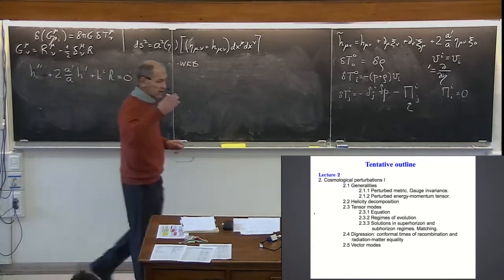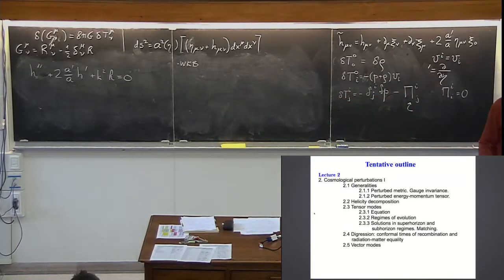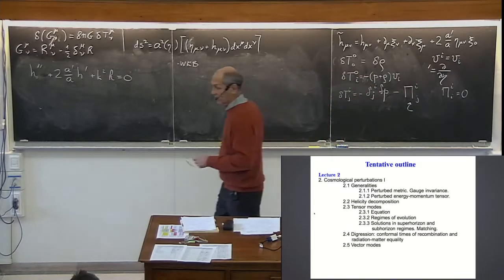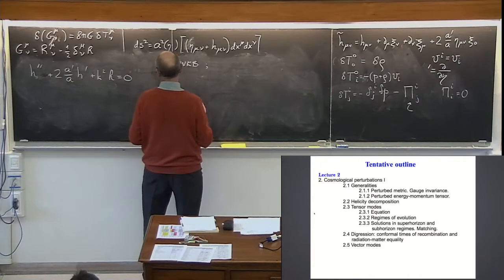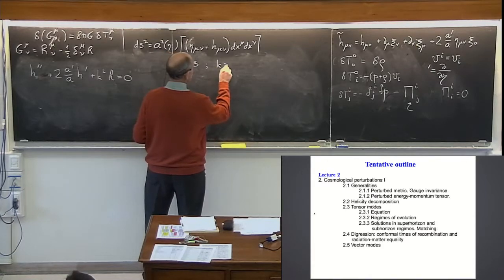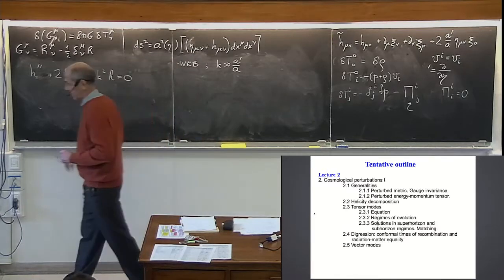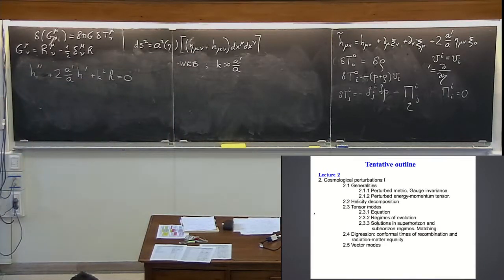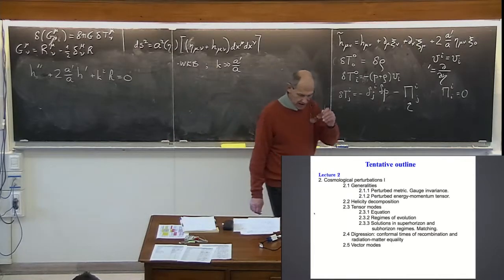So my oscillator oscillates with a slowly decaying amplitude because of friction. This WKB regime occurs when k is much greater than a'/a, when this friction term is small compared to the frequency. Friction coefficient here is small compared to the frequency of the oscillator.